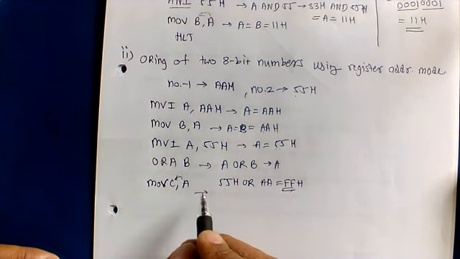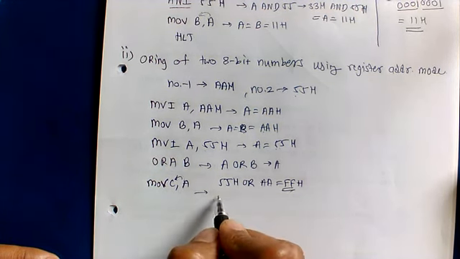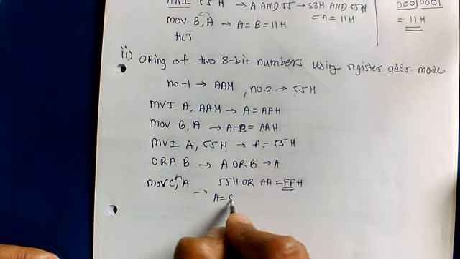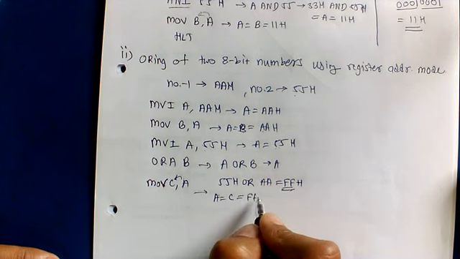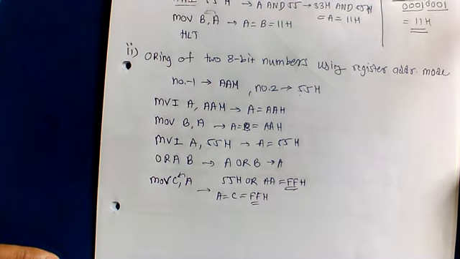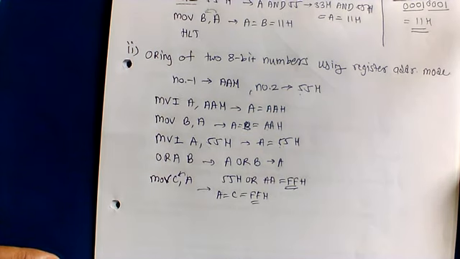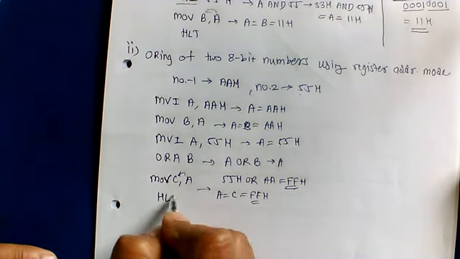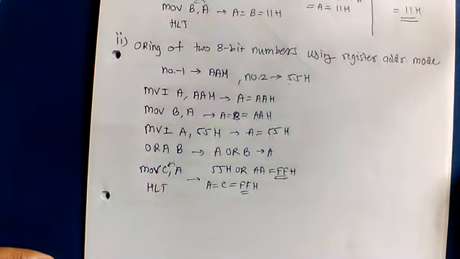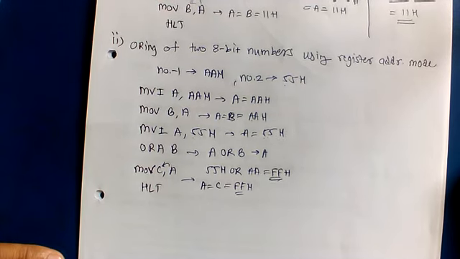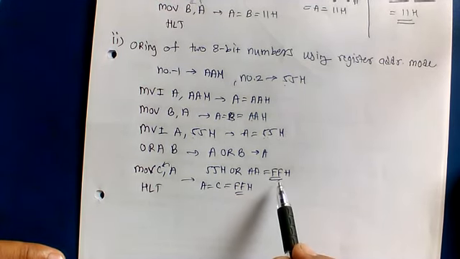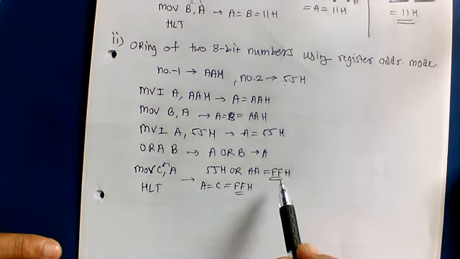So after the execution of this MOV C, A, in the accumulator and in the C register, you will get the FFH result. And the last instruction is the halt instruction. So we will cross check this result, FFH.